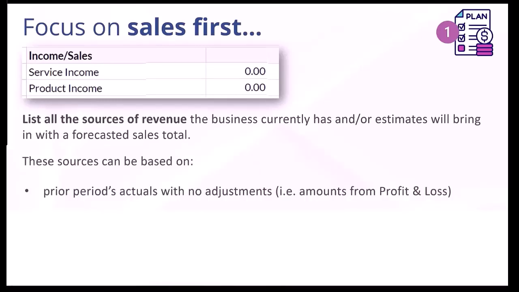These sales can be based on a few ideas. For example, your prior period actuals. So it's as simple as exporting your profit and loss from the prior year. We're going to use the example of we are building a 2024 budget.